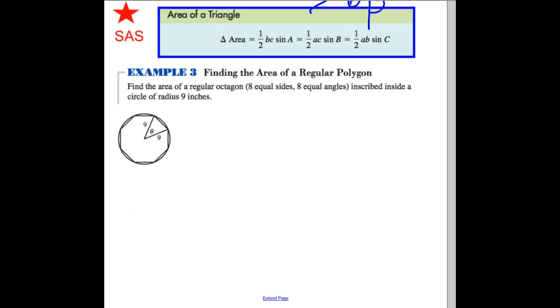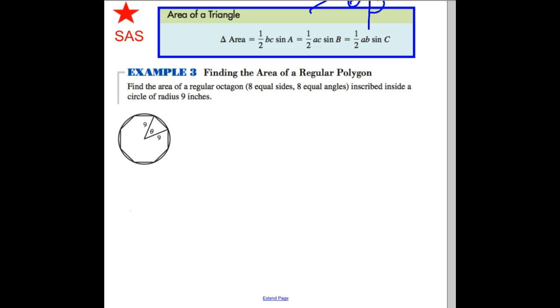For our example, it says we want to find the area of a regular octagon, which is an 8-sided figure. 8 sides are all equal. The angles are all equal. Inscribed inside a circle that has a radius of 9 inches. So what has been drawn for you is one little section in that octagon. How many of those little triangular sections would we have?